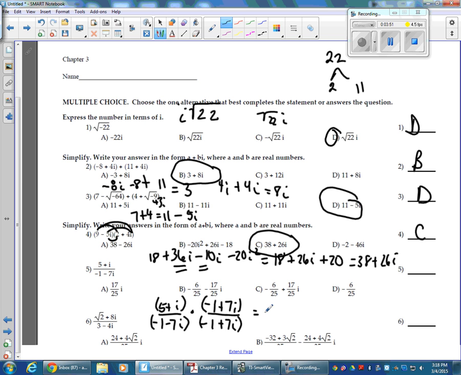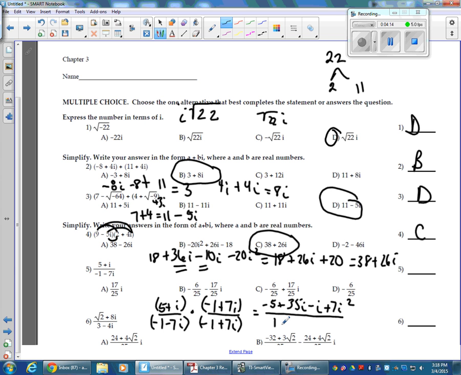So 5 times negative 1 is negative 5. My outers would be plus 35i. My inners would be minus i, and then I'd have plus 7i squared. And on the bottom, negative 1 times negative 1 would be 1. My outers would be minus 7i. My inners would be plus 7i, so I'm not even going to write that.